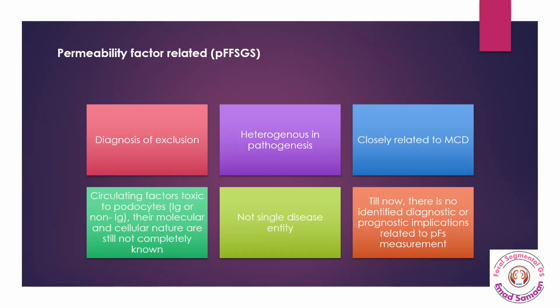Supposedly it's caused by the injury from permeability factor, but there is no clinical significance of measuring the permeability factors in the serum to know the prognosis or the extent of injury, because the full picture of the molecular and serum mechanism of the permeability factors is not completely understood. It is not a single disease entity, and as I mentioned, there is no diagnostic or prognostic implication related to the permeability factor measure.